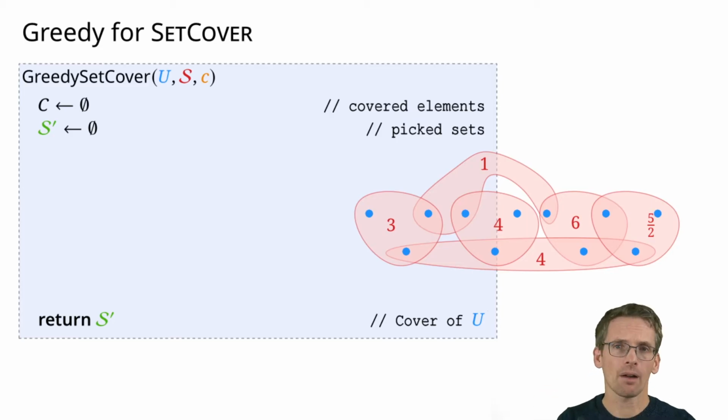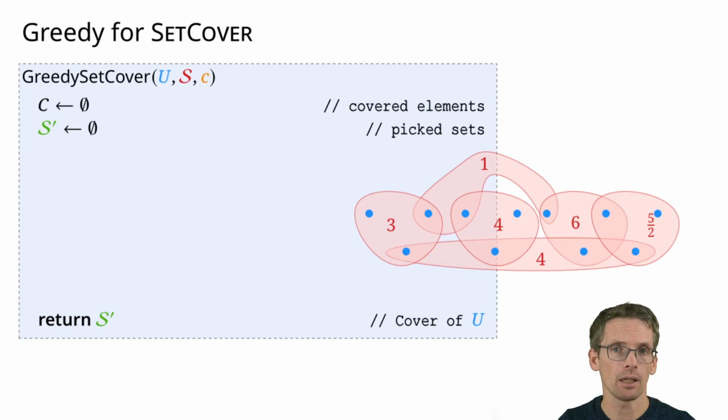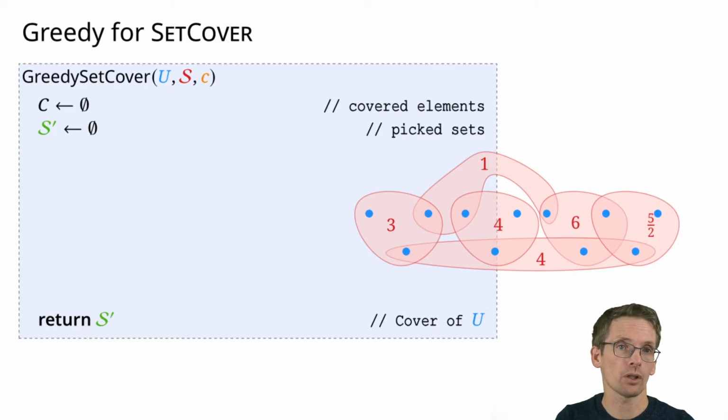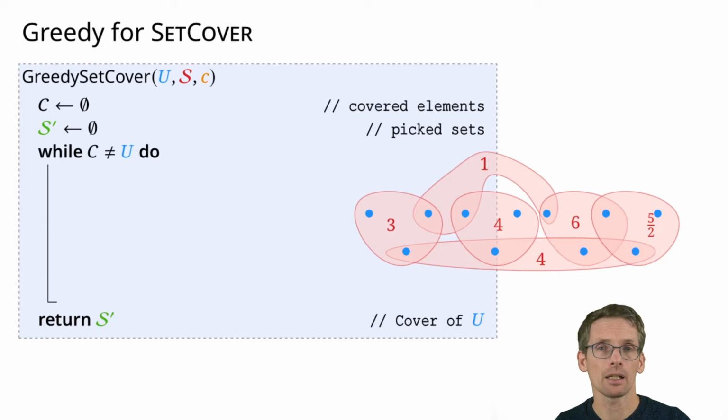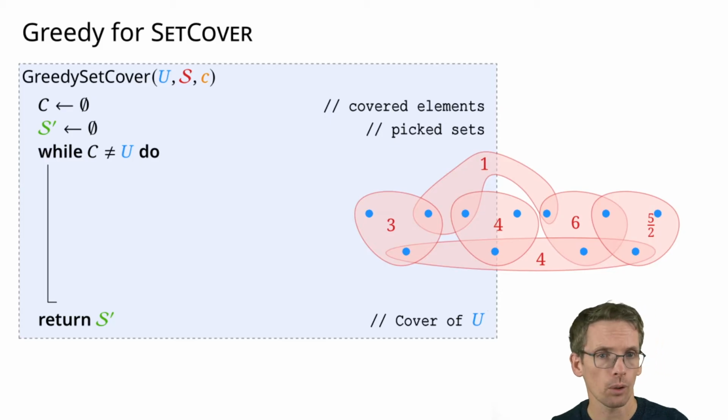So we will have the set of covered elements, which initially is empty, and the set of sets that we selected, which also initially is empty. As long as the covered elements is not yet our universe, we do the following.